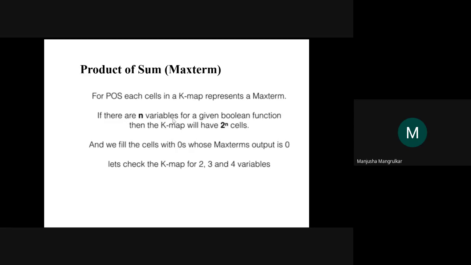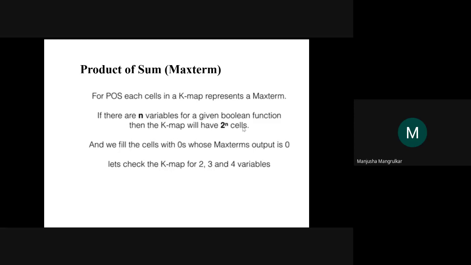If there are n variables for the given Boolean function, whatever equation we form is called the Boolean function, then the K map will have 2 to the power n cells, right? This we have seen in the sum of product. If we have two variables only, a and b, our cells for the K map is 2 to the power n, that is equal to 4 cells only.